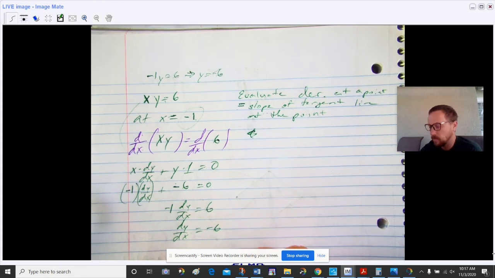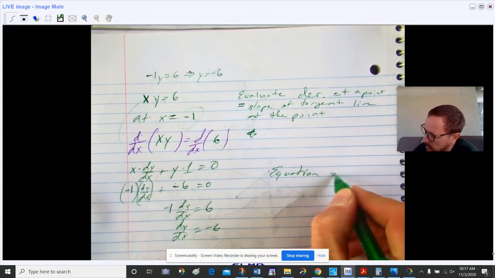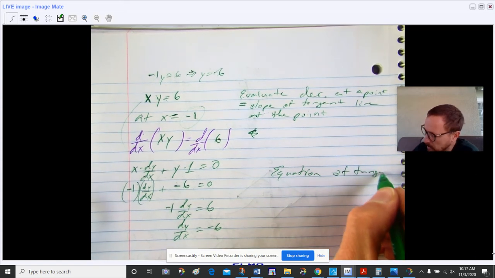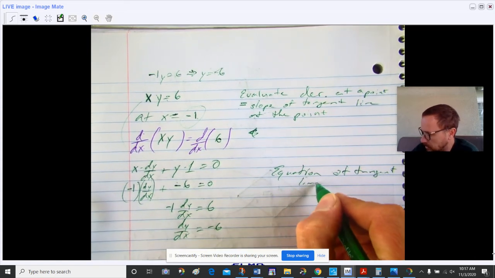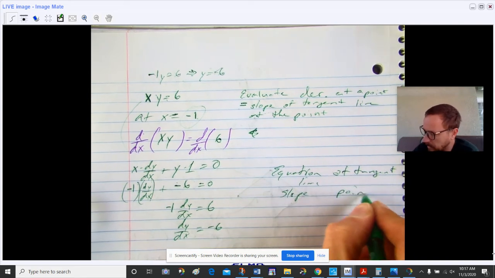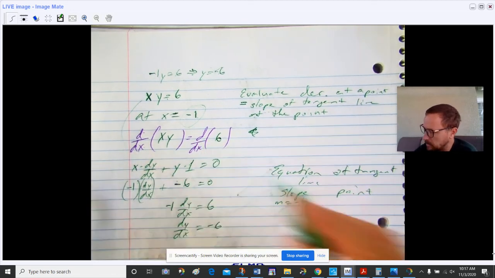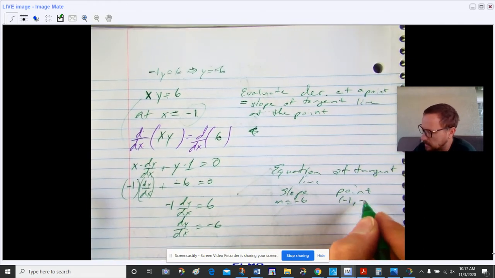And if we wanted to find the equation, what do you need for the equation of a tangent line? Two things: slope and point. Well, we already have the slope. We did that. m equals -6. And we already have our point, -1 comma -6.